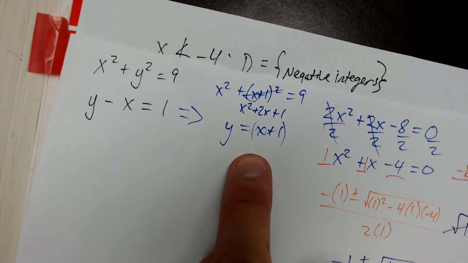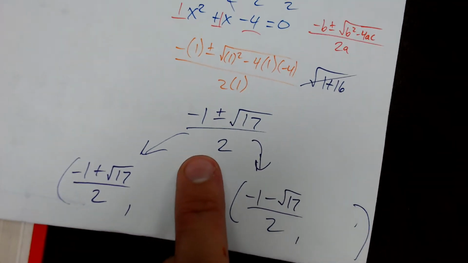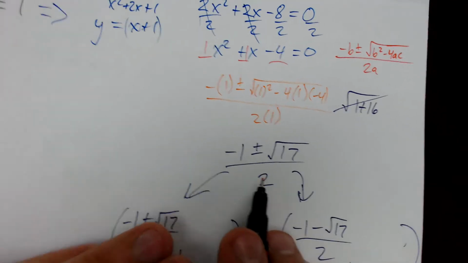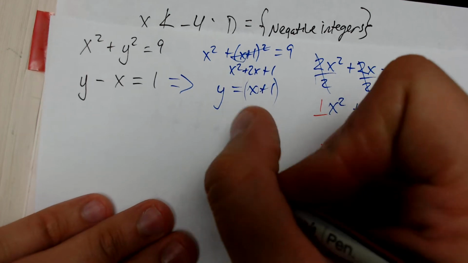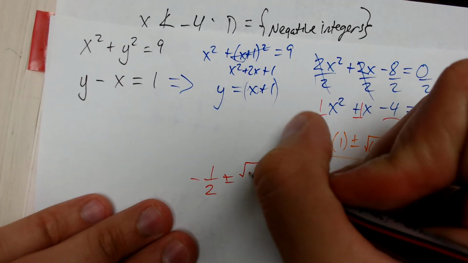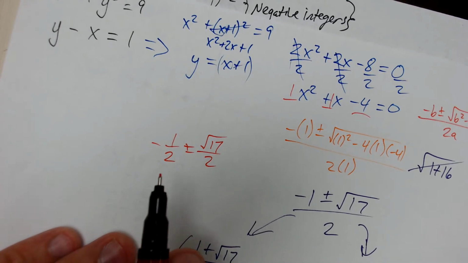So I'm going to go back up to this equation. Y equals x plus 1. So all I have to do is take this value and add 1. Now this becomes easier if I rewrite this as separate terms, because then all I have is -1/2 plus or minus square root of 17 over 2. That makes it a lot easier to add 1 to, right?